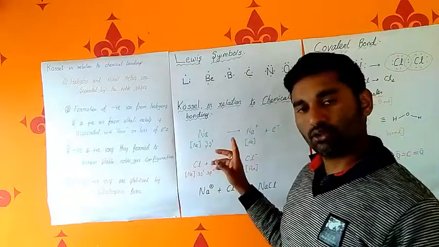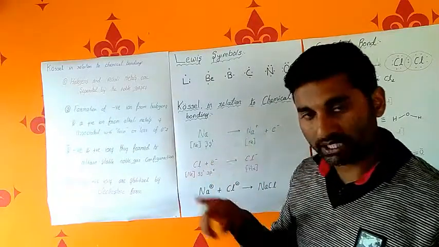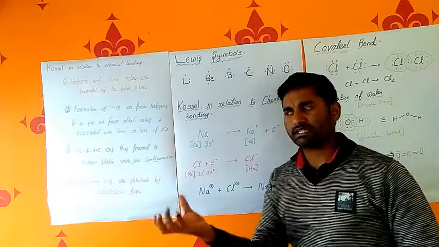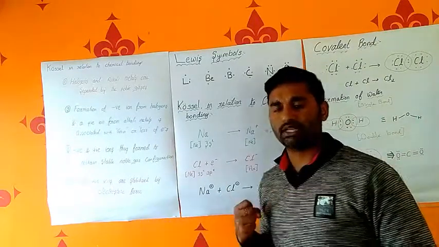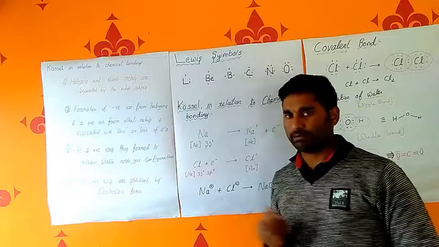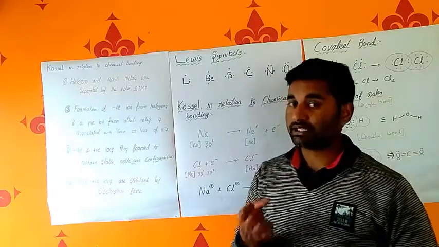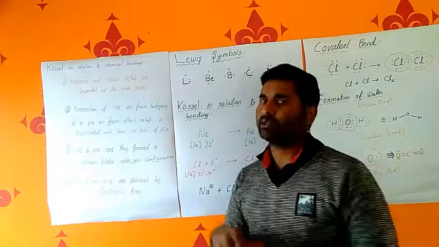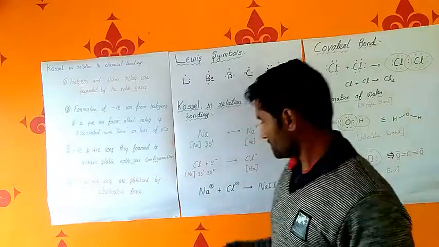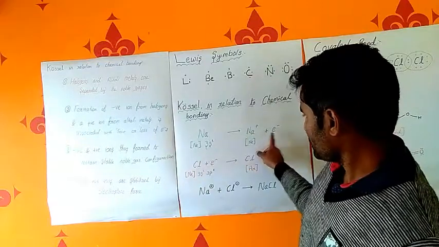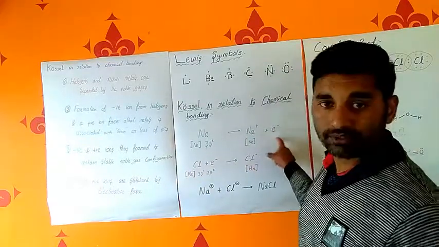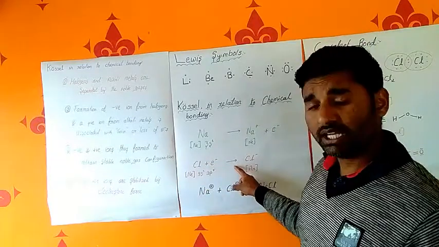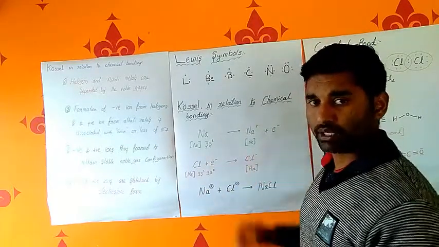As well as chlorine. The atomic number of chlorine is 17. It has 7 electrons in its valence shell. If it gains 1 electron from any other element, for example sodium, if it gains that excess 1 electron which is there in sodium, then it will also attain octet state. See, look at that Cl, the electron which came from sodium is attracted by chlorine, and chlorine will become a negative ion.